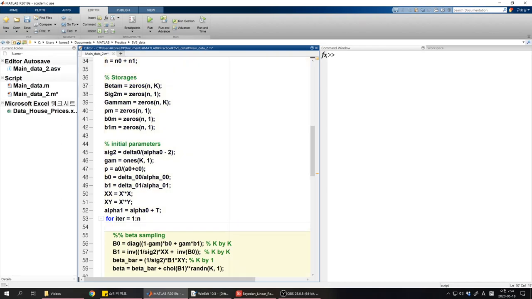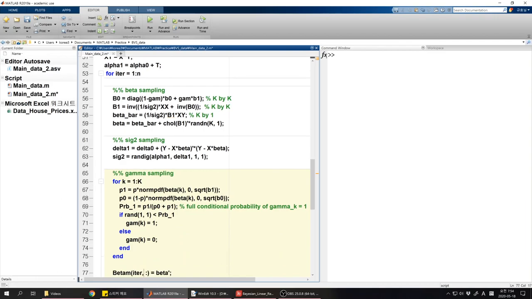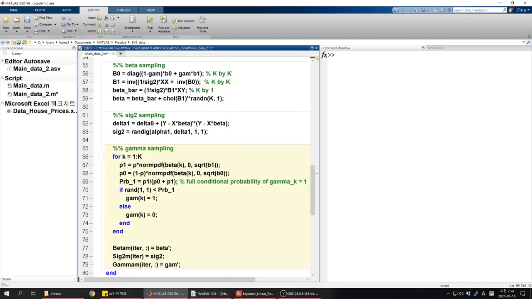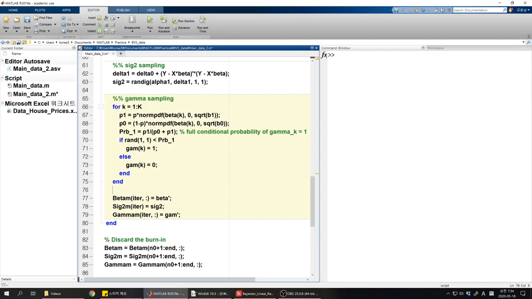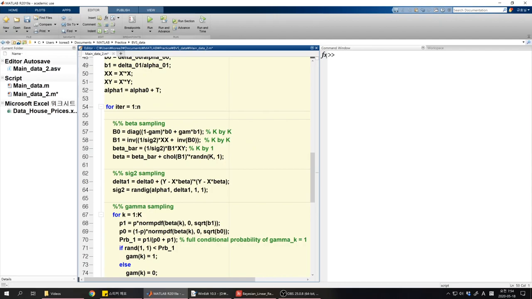So currently we have 3 blocks: beta, sigma square, and gamma. Now we are going to add another 3 blocks: B0, B1, and P. Before doing that, let's run this code, just to make sure there is no error.